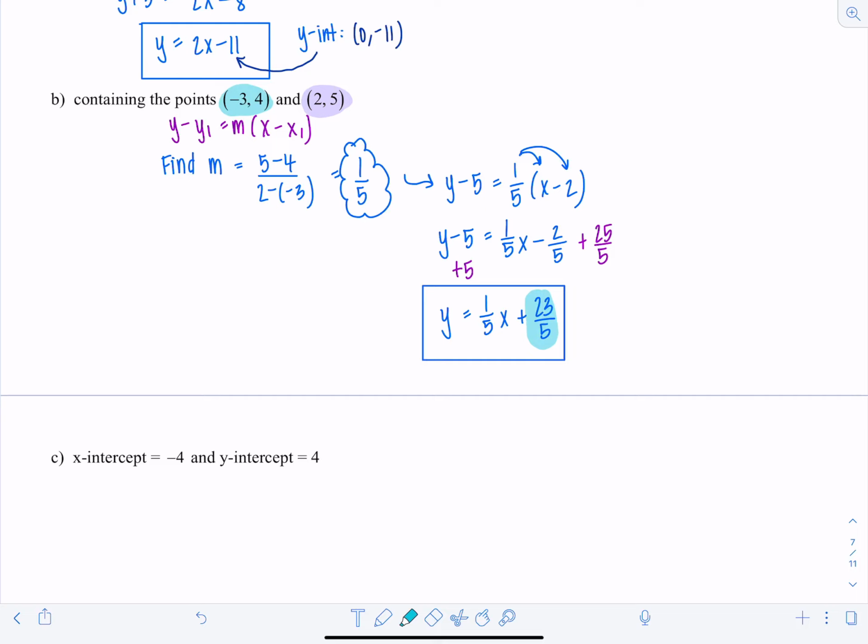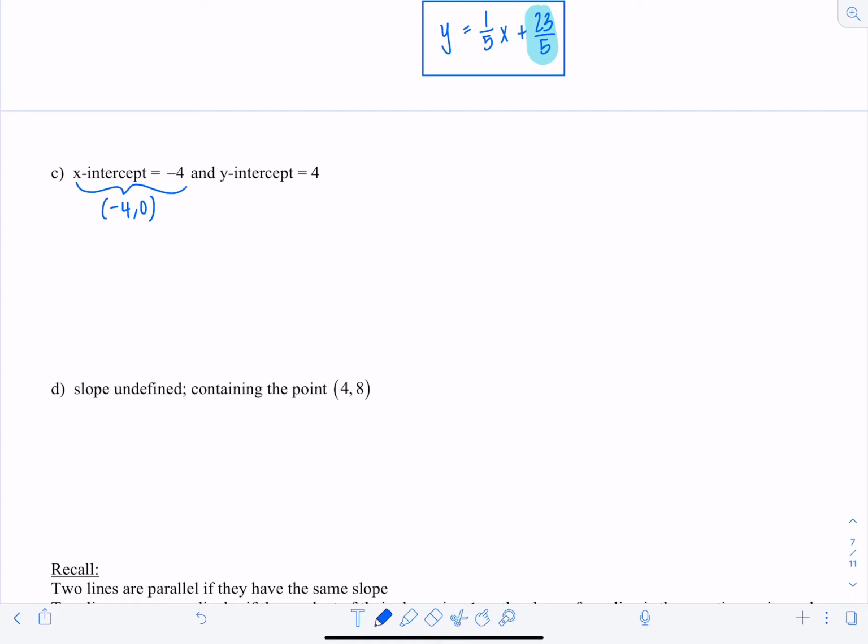Okay, let's look at a few more scenarios. This one here says the x-intercept is -4 and the y-intercept is 4. Well, naughty, naughty, they should have written those as ordered pairs, right? If the x-intercept is -4, that means the point (-4, 0) is on the line. And if the y-intercept is 4, then that means the point (0, 4) is on the line.